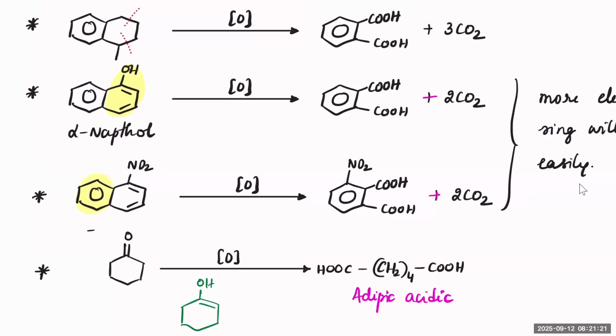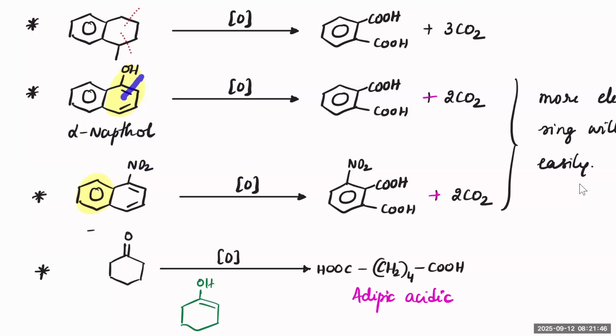Out of all of these cases, these two are important to understand. That is, if two different activated rings are present, you notice that if you compare this ring versus this ring, the second ring is more activated because OH is a donating group. And typically, when oxidation happens, it will always happen on the more activated ring first.